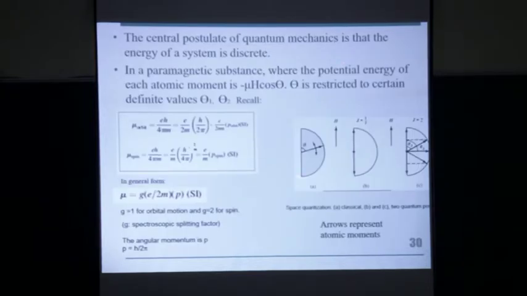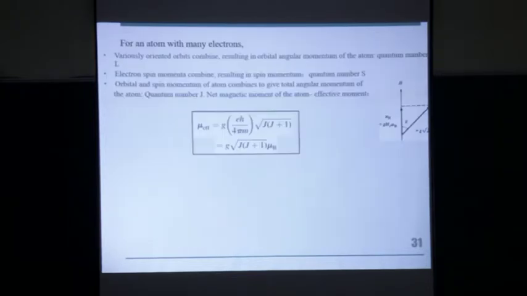Suppose you had just one electron, but if you have many electrons, then all those orbits of the electrons combine, and you get a resulting orbital angular momentum of the atom, of the electrons of the atom, to be more precise, and that is given a quantum number called L.